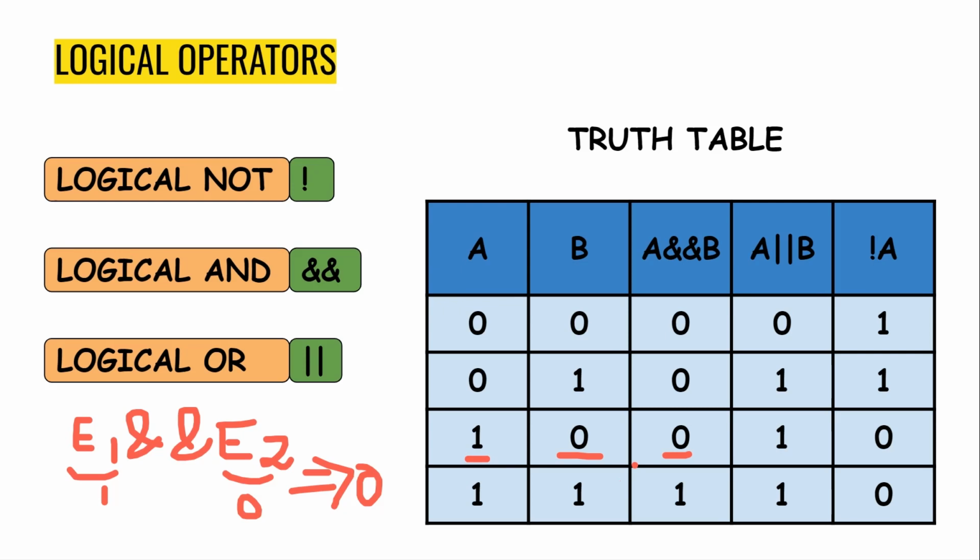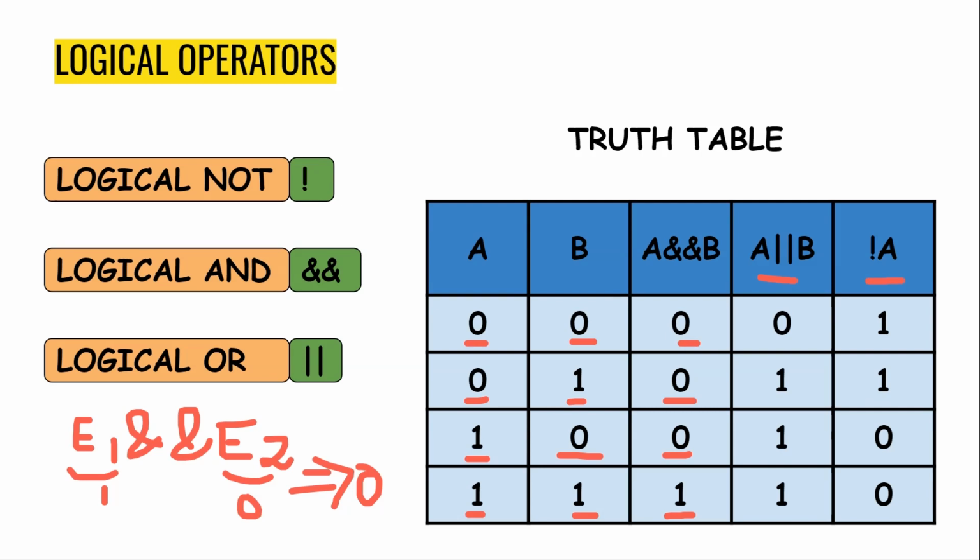If A is 0 and B is 0, logical AND will be 0. If A is 0 and B is 1, the result of the logical AND operation will be 0. If both A and B are 1, the logical AND value will be 1. Similarly, you can refer to this truth table for logical OR operation and NOT operation.